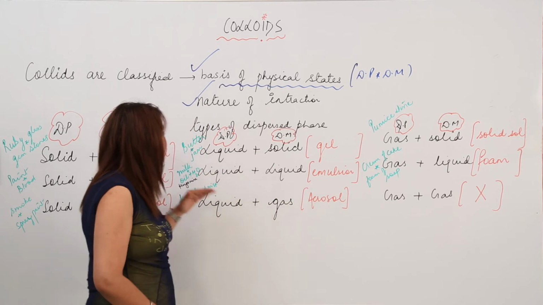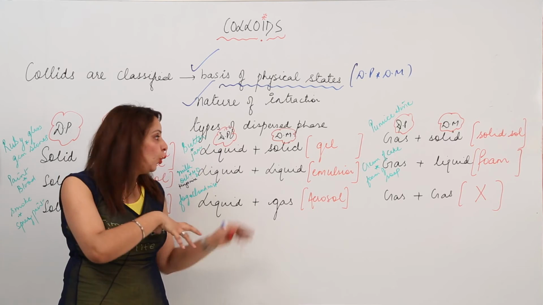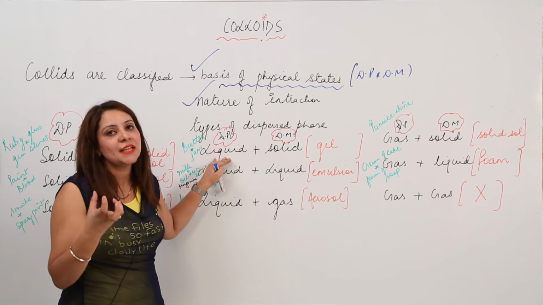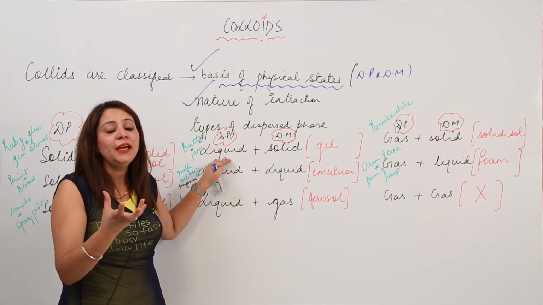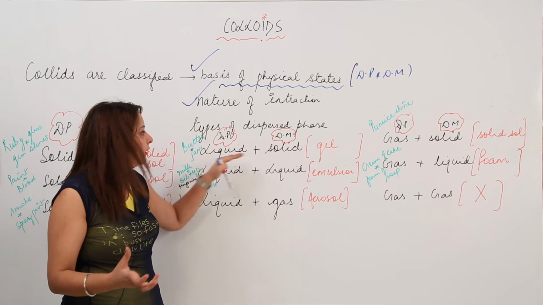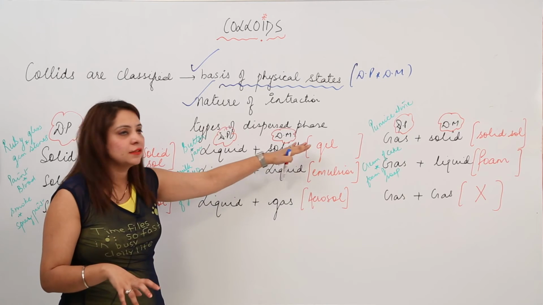So gel is an example. Suppose we have butter. In butter, the whole thing is solid, the medium is solid, but there is a liquid substance present in it. That is why it appears gel like. Likewise, we have jam. Jam is again solid, but it has liquid particles in it, so that is why it is called a gel.